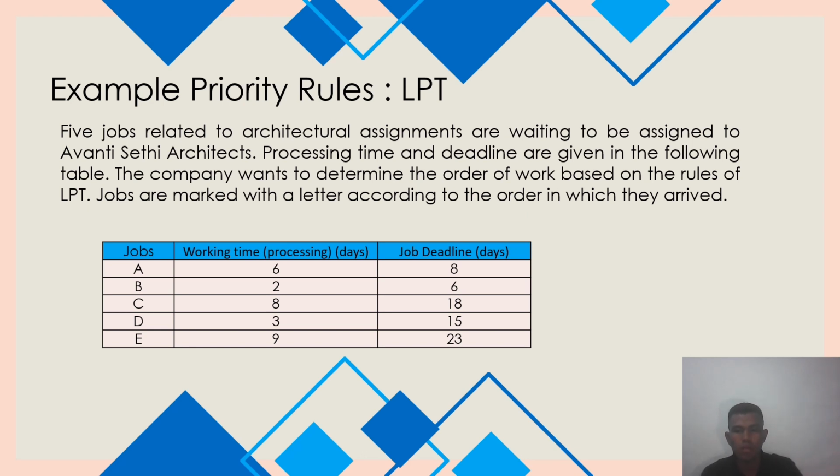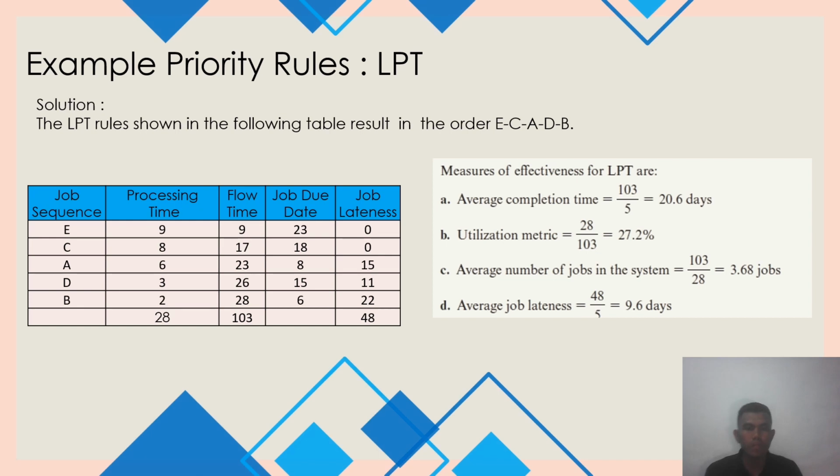Job D takes 3 days with a deadline of 15, and job E takes 9 days with a deadline of 23 days. The solution: the LPT rule shown in the following table results in the order E, C, A, D, B. Why is that?